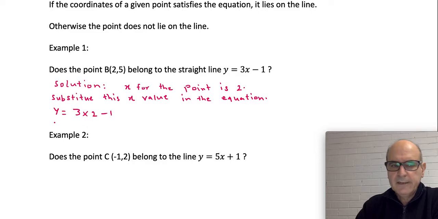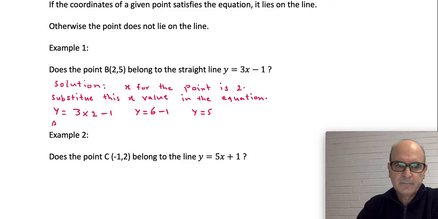All right, let's see what y value this gives us. Y equals 3 times 2 is 6, then minus 1. And that becomes y equals 6 minus 1, which is 5. Now compare this y value with the y value of the point, and they are the same. So that means the point lies on the line.